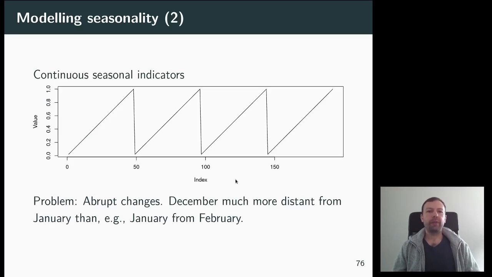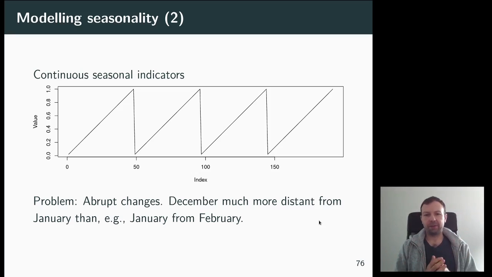One way around that is to have a continuous seasonal indicator where you basically just say, Monday is a 1, Tuesday is a 2, and so on. So it goes from 1 to 7, or from 0 to 6, and then you drop back. So you get this kind of sawtooth shape in your indicator variable. But now you have the problem that there are these abrupt changes where you just jump from, let's say, a 6 down to a 0.